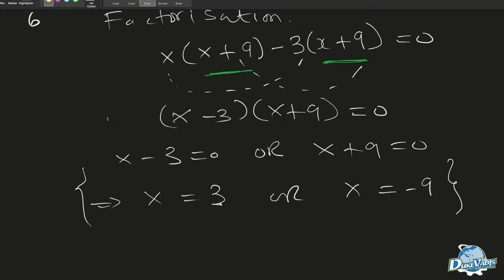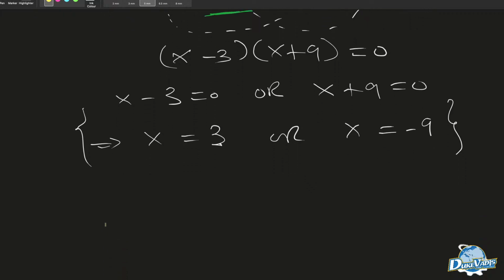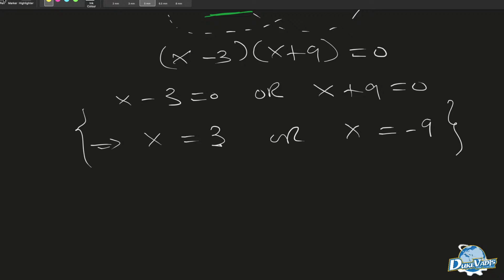The question says: log to the base 8 of 16 plus log to the base 2 of x is equal to 4/3.